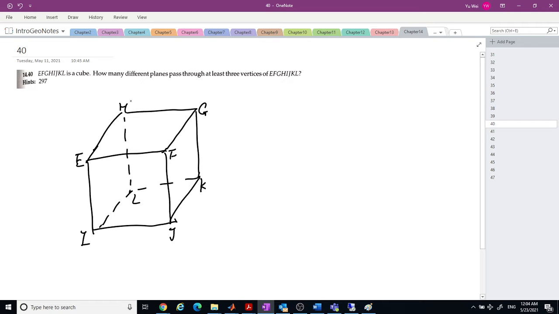It asks us how many different planes passing through at least the 3 vertices of this cube.